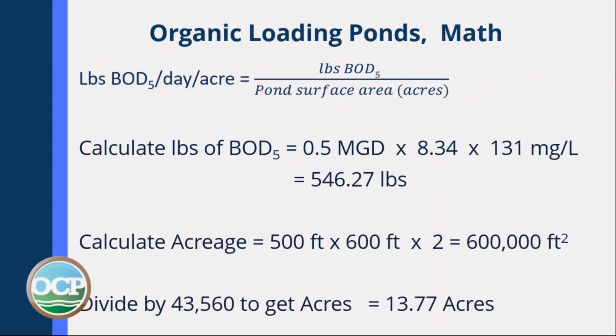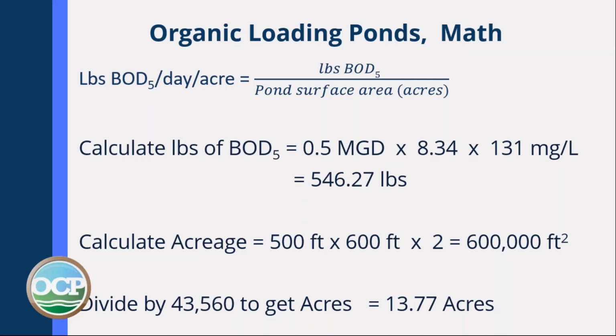So we calculate the pounds of BOD. You get 500,000 gallons per day flow times 8.34 times the concentration of 131 milligrams per liter, which means you have 546.2 pounds of BOD per day. Then calculate your acreage. First, get the square footage: 500 feet by 600 feet times 2 would be 600,000 square feet. There's a conversion on your sheet to convert square footage to acres.